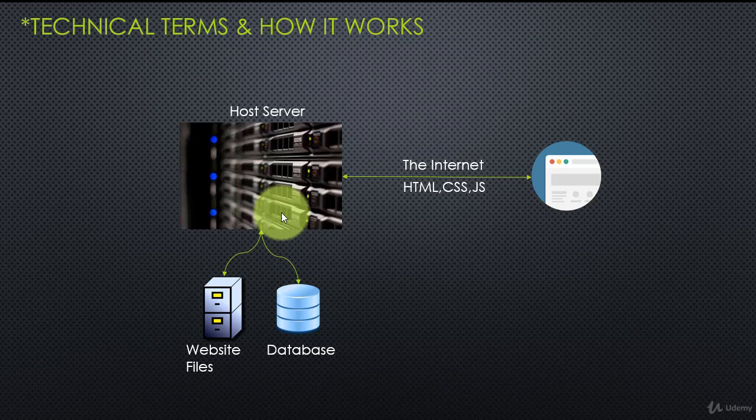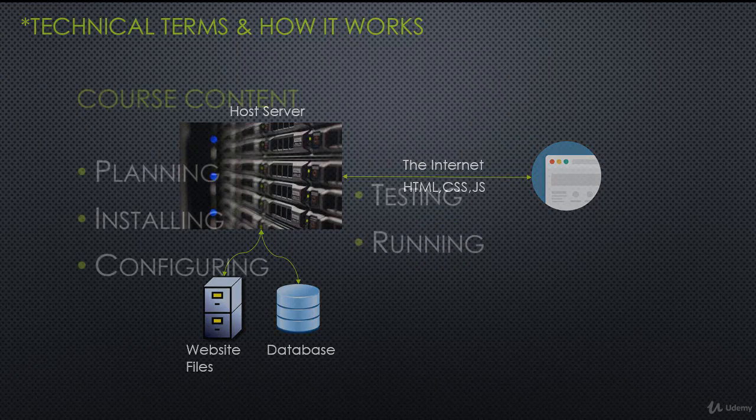Between those two things, the server serves that information up to you on your browser, and it serves it to you through what's called HTML, which is the language of the internet basically, CSS, which is the style of the internet, and JavaScript, which makes all the really nice, smooth things happen on your website automatically. So that's the basics around how this all works. So we're going to be getting a host server so that we can be able to do all of this and have your website being served to your customers.